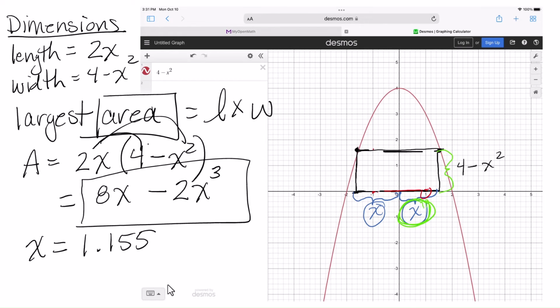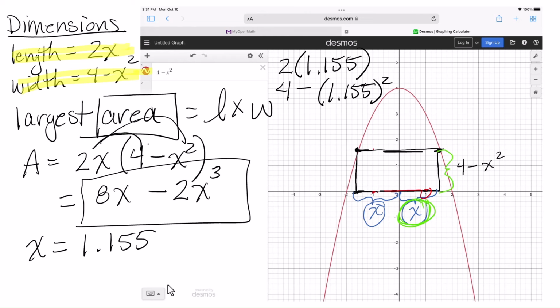Look back to how you defined your dimensions. Remember, x was only part of our length. To get our full length, we would have to take 2 times our x value, and we have to take 4 minus our x value squared to get our width.